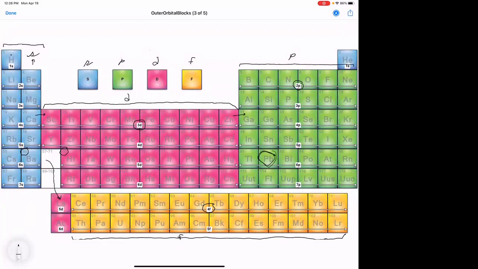If I want to do a core configuration or a core orbital diagram, I go back and find the previous noble gas to lead. What's the previous noble gas before lead? Just work backwards till you find one.